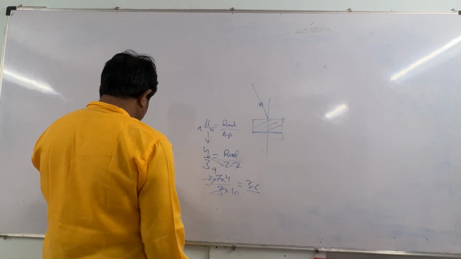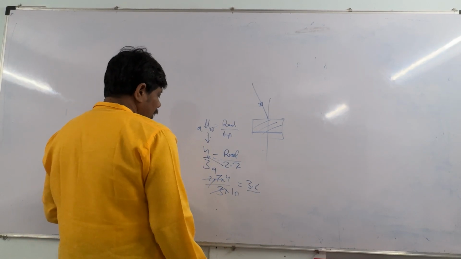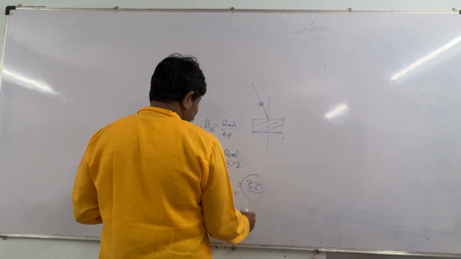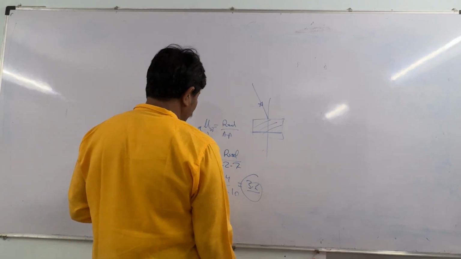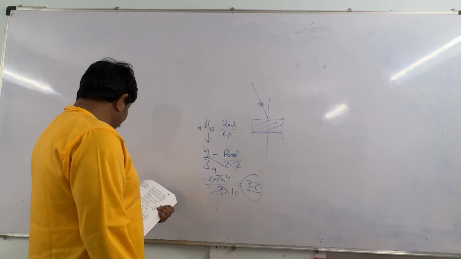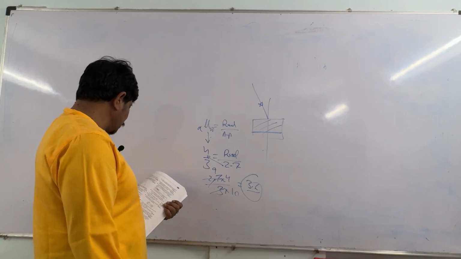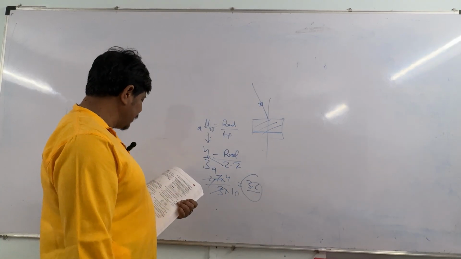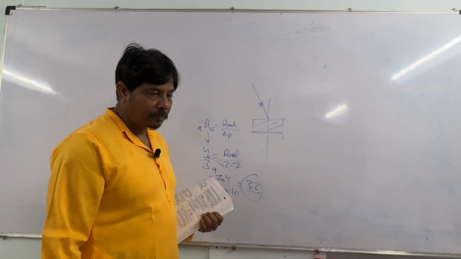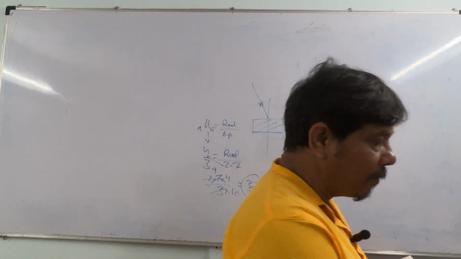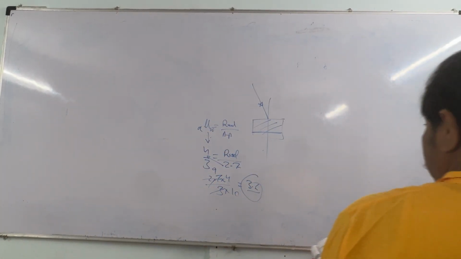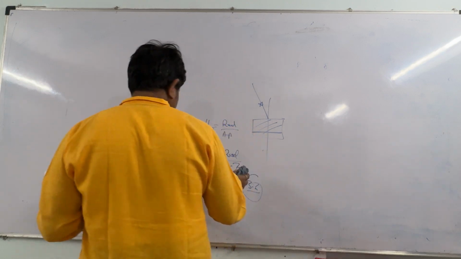So this is the answer. The real depth is 3.6. So real depth upon apparent depth, this is the formula, and 2.7 is the apparent depth. You can solve in this way.